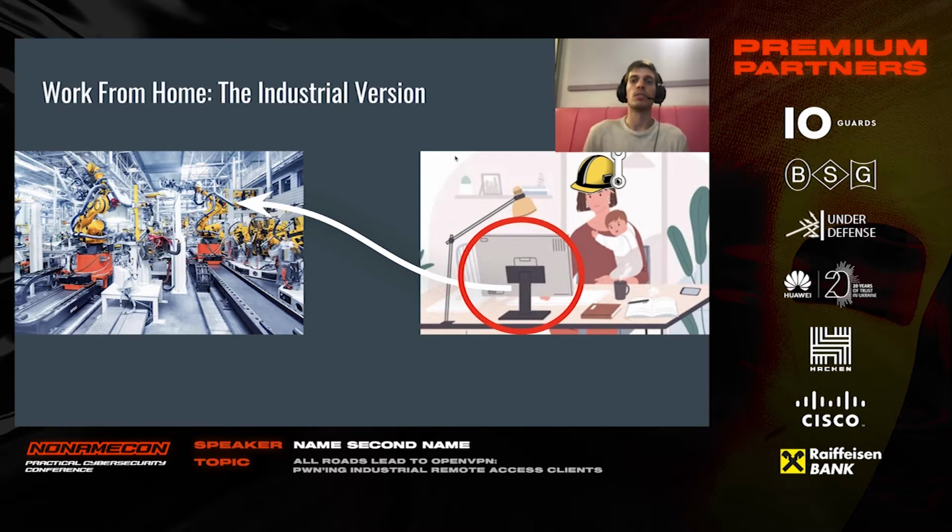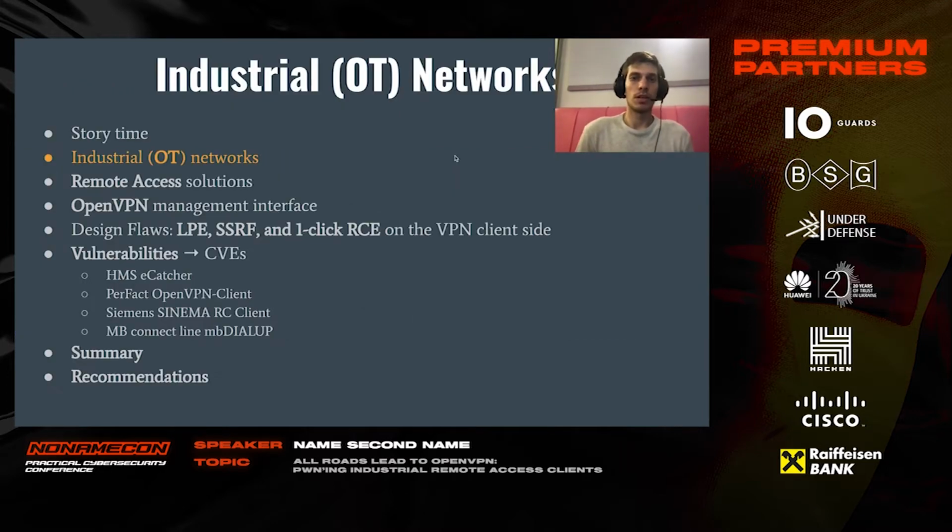So we tried to focus on the computer or the client side, and we poked different industrial remote access clients to find vulnerabilities in them. So that's the background on the research, or why we started it.